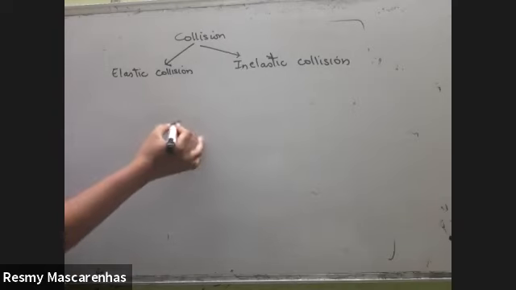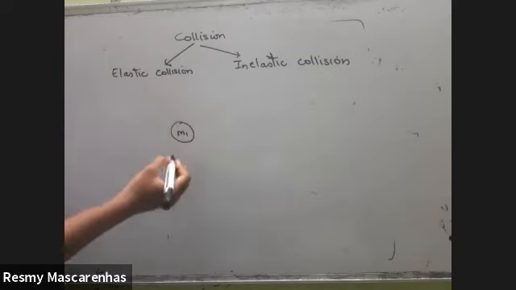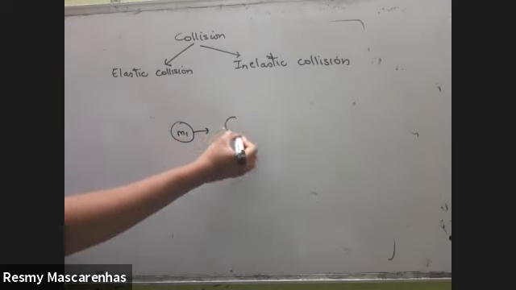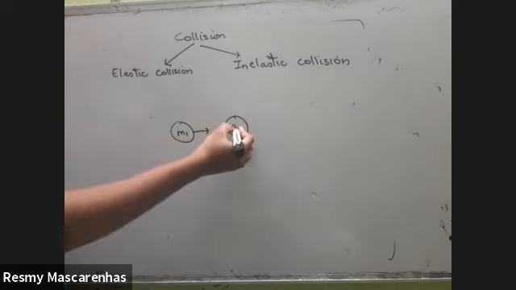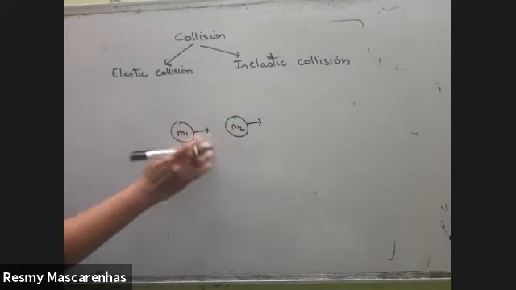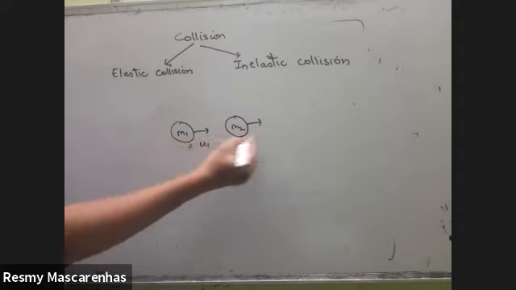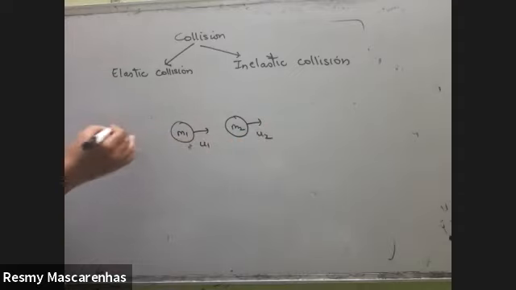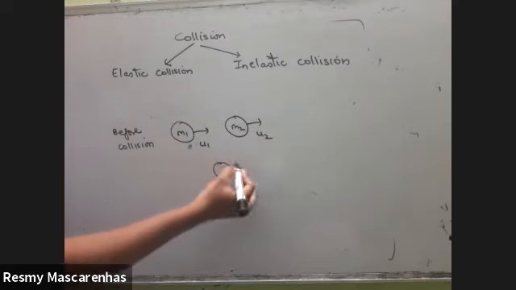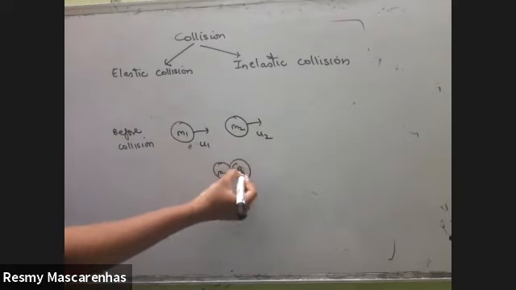Now, initially before collision, suppose there was one object of mass m1 and another object of mass m2, with some velocity u1 and some velocity u2. This would be before collision. Now, the collision will take place.